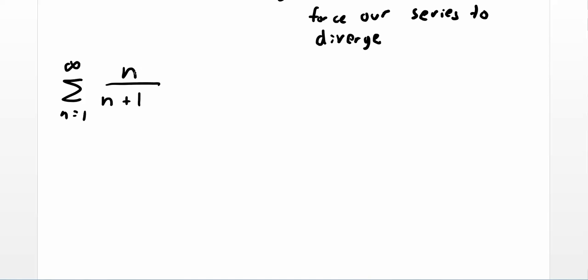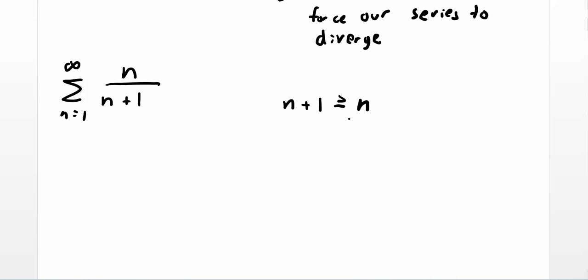Okay, so we look at this problem and we see that if we take our divergence test, the limit would be 1. So this series is divergent, but we'll try to show it using a comparison test instead. The way I like to start these is to just focus on the denominator, and I'll say, well, n plus 1 is certainly greater than or equal to n.